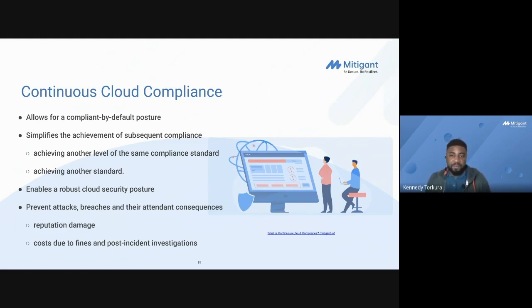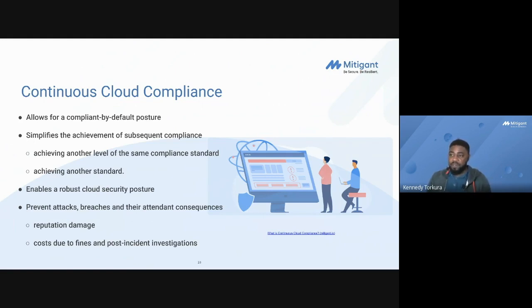The auditor comes, checks, and probably gives you the certificate at the end of the day. And that is great, that is good, but it has multiple problems. One of the major problems is that the cloud is very dynamic, and it turns out that if you're compliant today, the following day you might not be compliant because of changes that might occur in your cloud infrastructure.